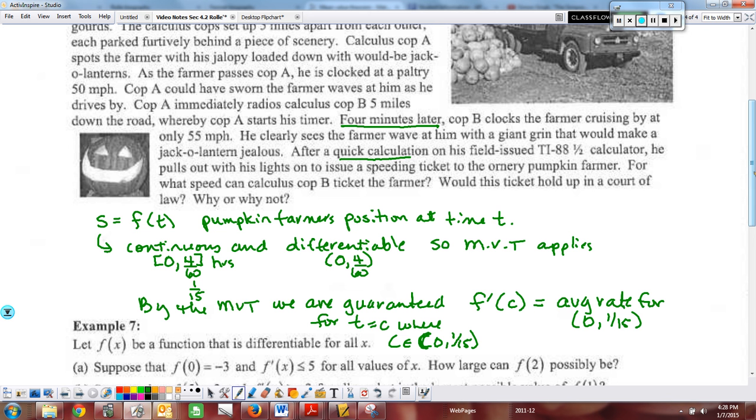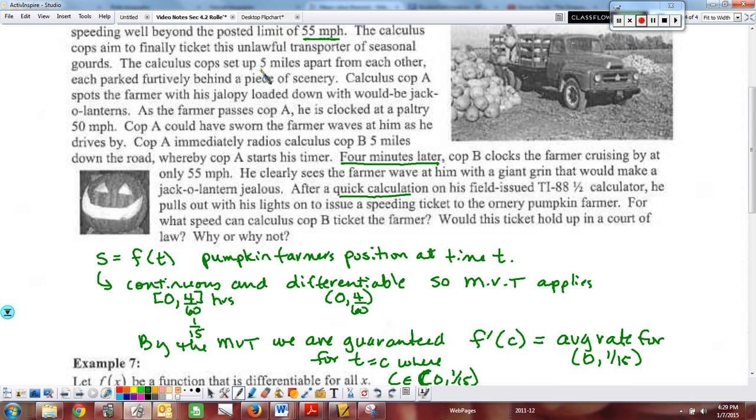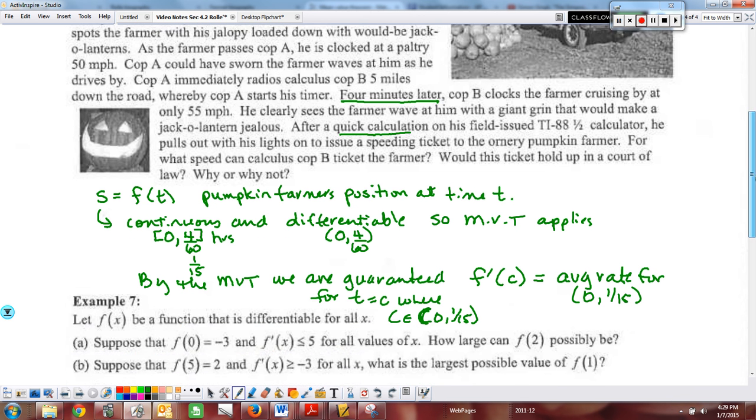Now you might be like, well, I don't really know what the function is, but we do know what his average rate is because we know how far apart they were, 5 miles apart, and it took him 4 minutes or 1/15 of an hour.